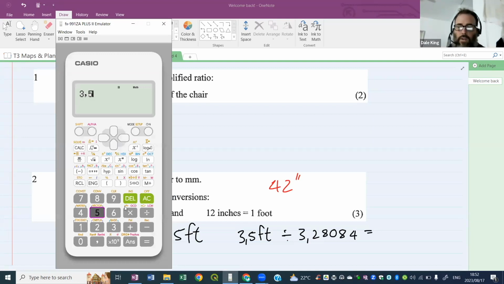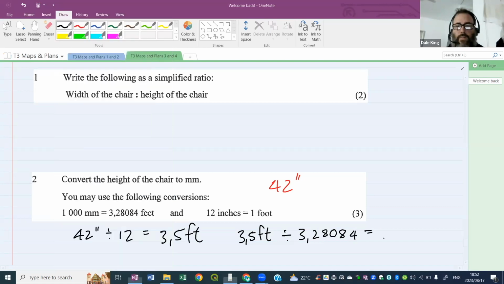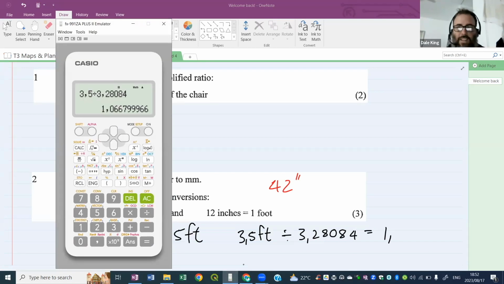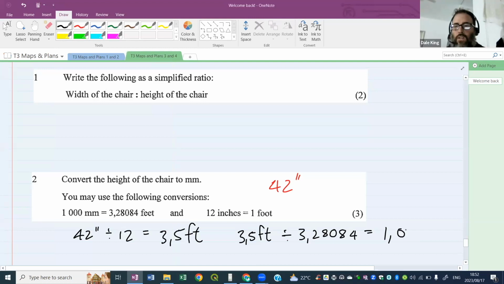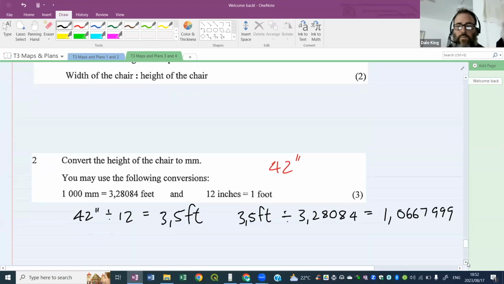Yep, so 3.5 divided by 3,28084. I get 1 comma a lot of decimals, 0.667999. I'm just showing that many decimals. Good. Now what do I do?